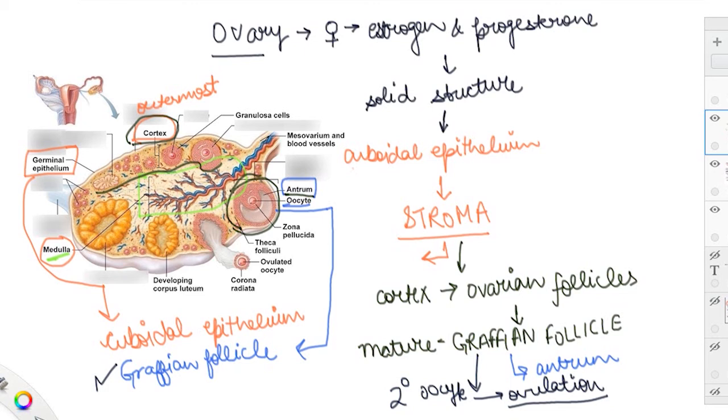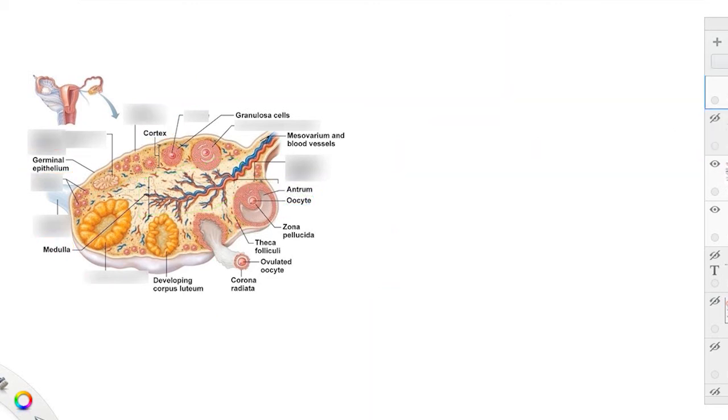I think by now you might be clear about what I am trying to explain. Now, what happens after ovulation? After ovulation, all the labeling we have discussed up till now has gone, because now we don't need that. The ovulation has happened, which means the secondary oocyte has been released from this Graafian follicle.